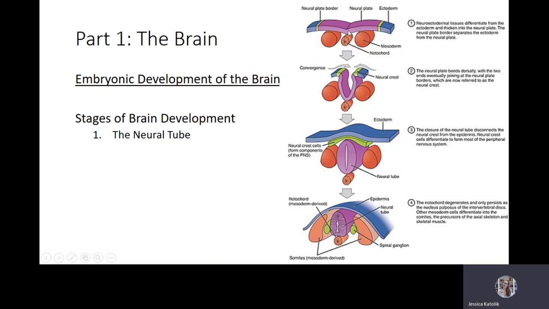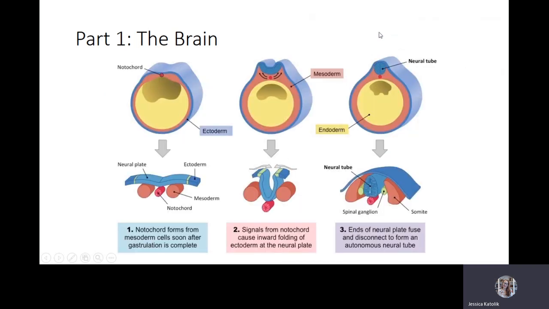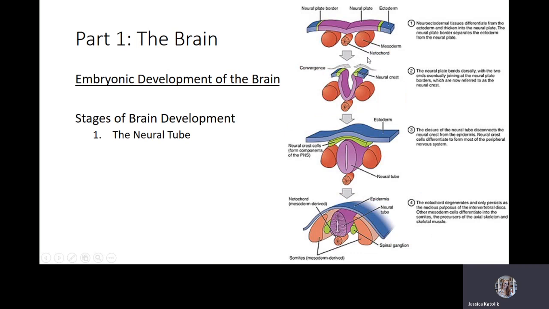This neuroectoderm will thicken to become the neural plate. And there will be a special set of cells called the neural plate border cells, and we'll see that they will eventually become part of the peripheral nervous system. Oops. We'll get to that diagram later.